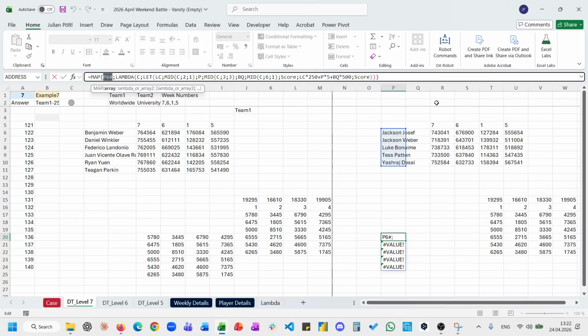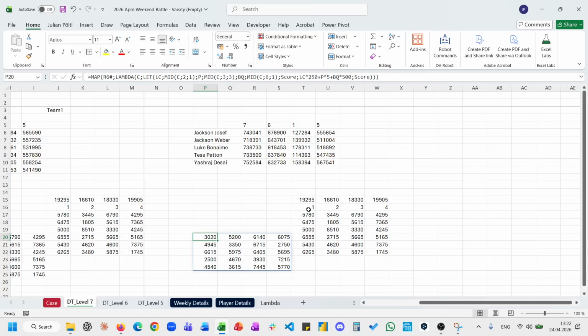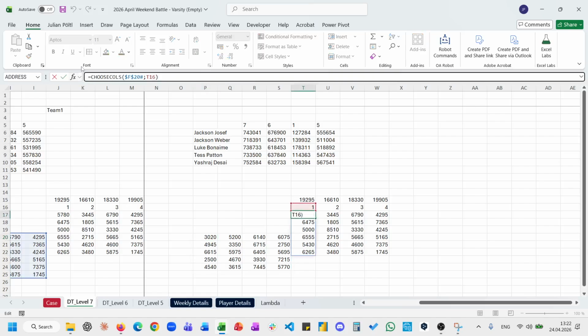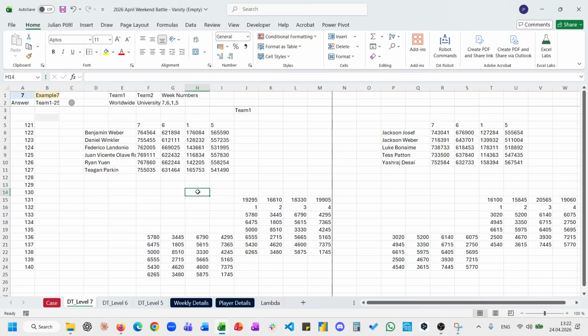Of course, it is leading to those, and then should be fine. And team 2 and team 1 without space.